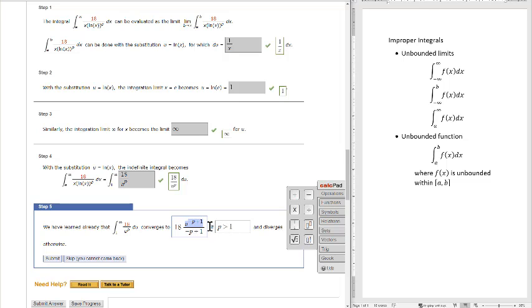However, if p is equal to 1, this is just a constant, and this is going to diverge. And if p is less than 1, then this is going to be a positive power, and that will make this diverge also.